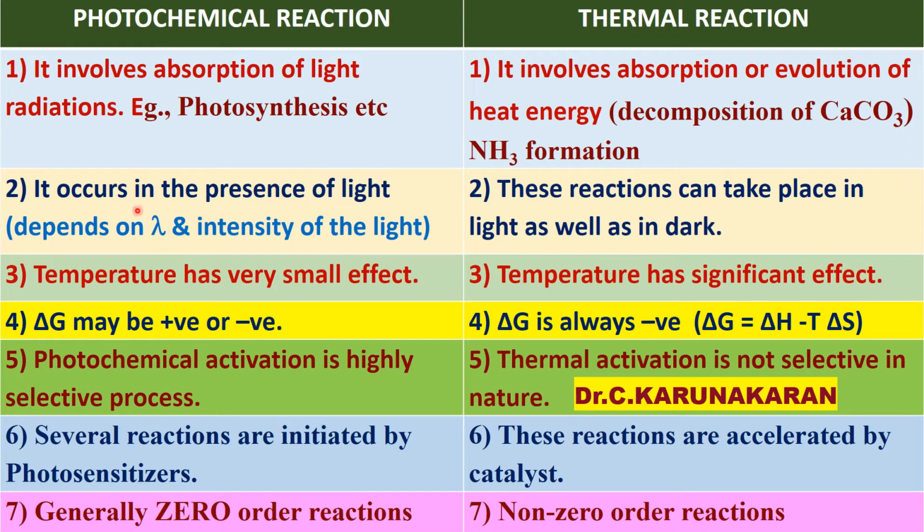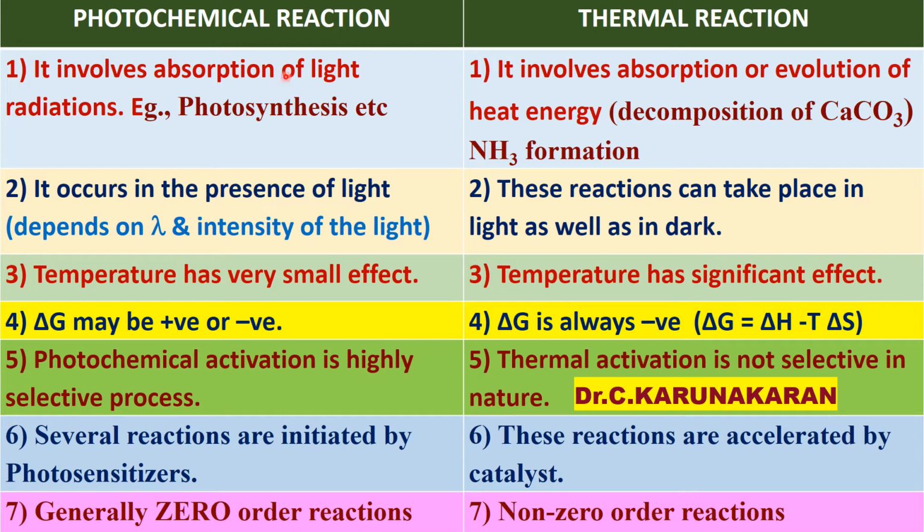Photochemical reactions occur in the presence of light, that is light radiation. Light is nothing but an electromagnetic radiation. It depends on the wavelength and intensity of the light. These reactions can take place in light as well as in dark.